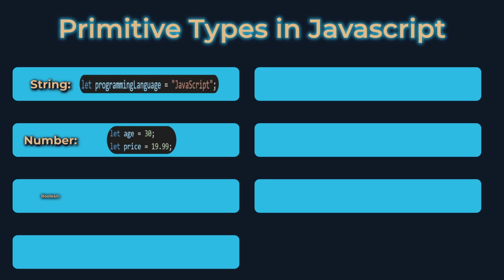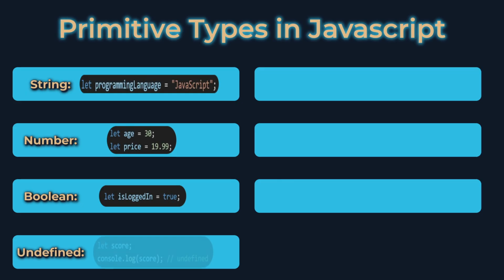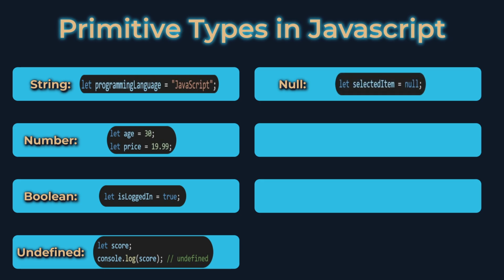3. Boolean, true or false, often used in conditions. 4. Undefined, a variable that has been declared but not assigned a value. 5. Null, a special value that means no value. 6.